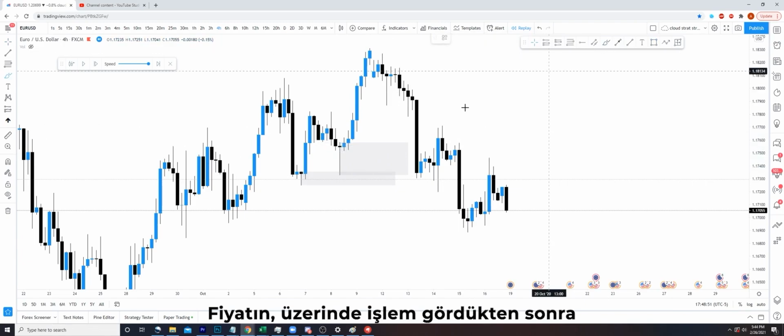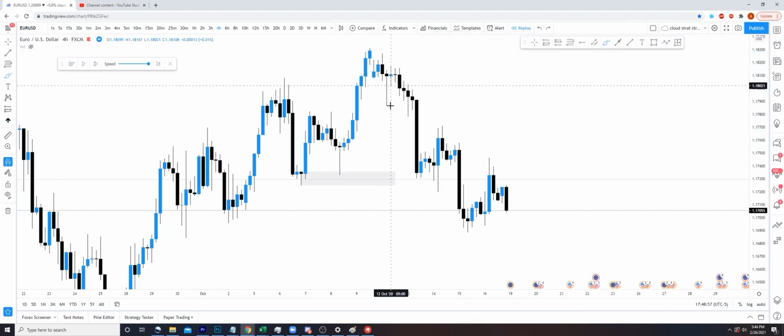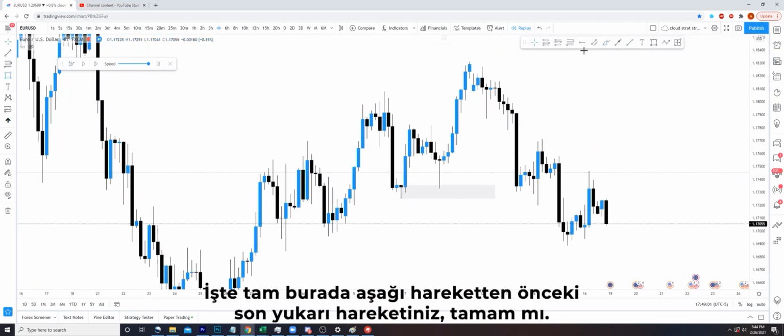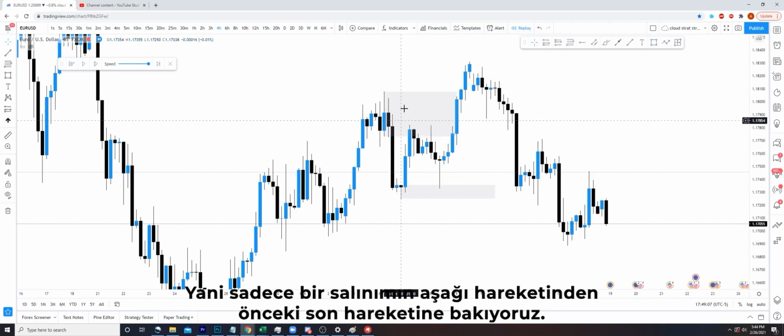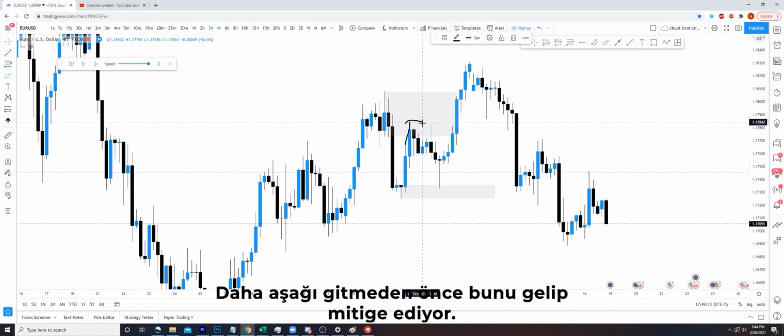Notice how price came back after trading above it to mitigate before delivering higher prices. Okay. Now let's go to the left a little bit. We have the same thing happening here. Here's your last up move right here before the down move. Okay. So we're just looking at the last up move before down move of a swing. Now, what happens? Before price goes higher, it comes and mitigates this before going lower.